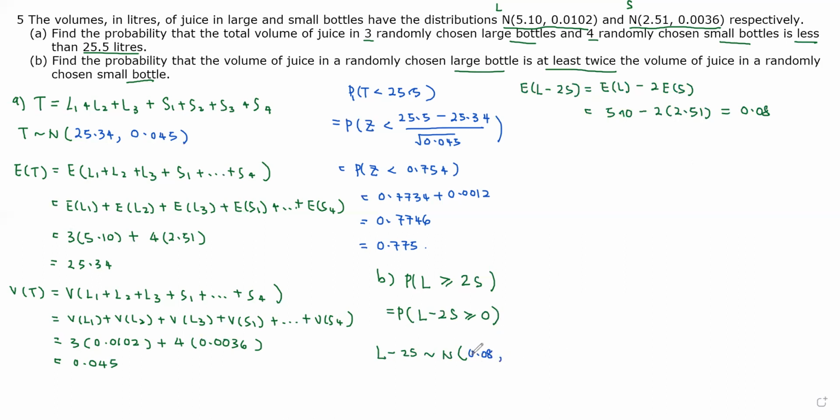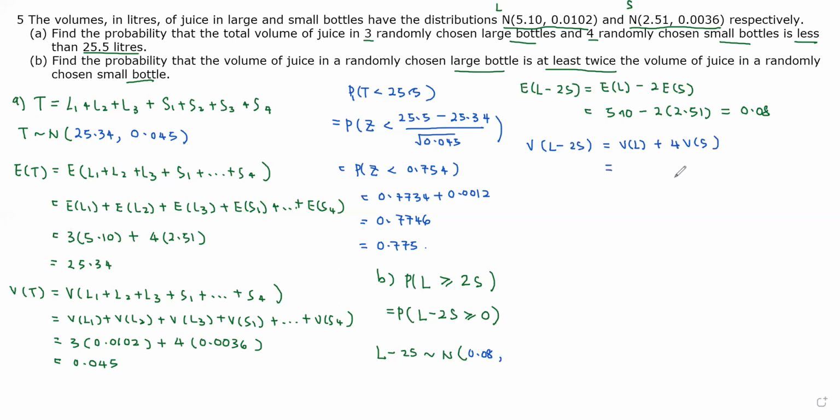And then the variance of L minus 2S. That will give us the variance of L plus the square of 2. So when you multiply by 2, that is squared. So we add here 4 times the variance of S. Whenever there is a subtraction, we change it to an addition.